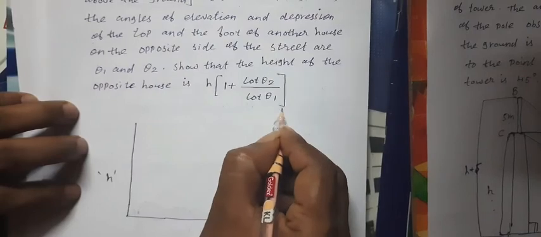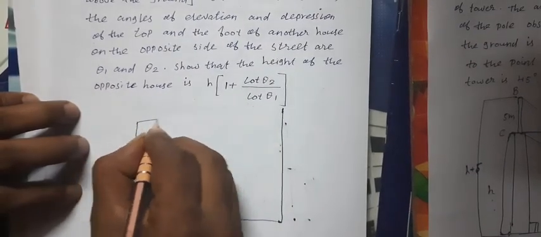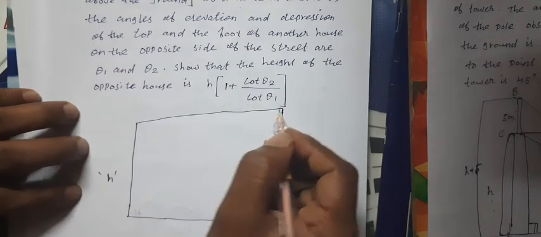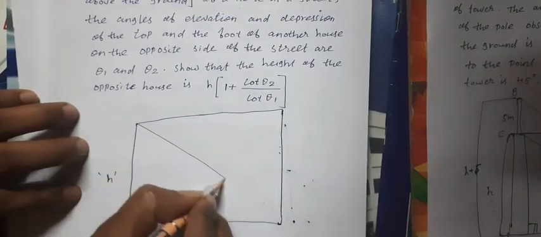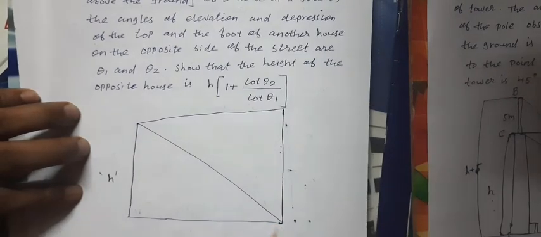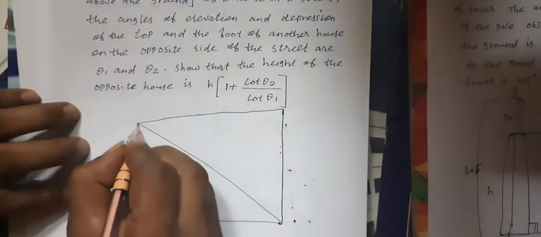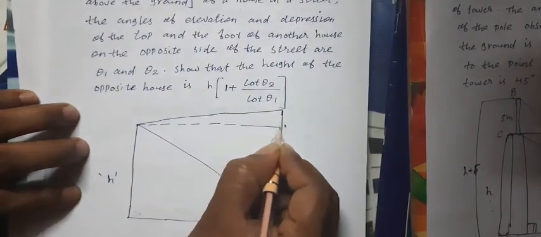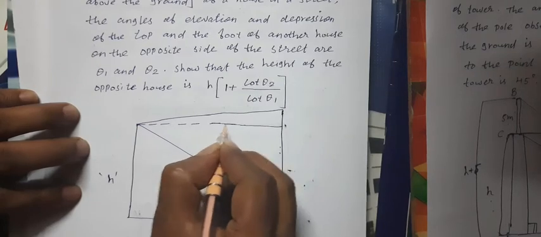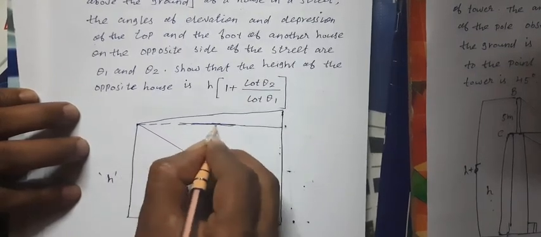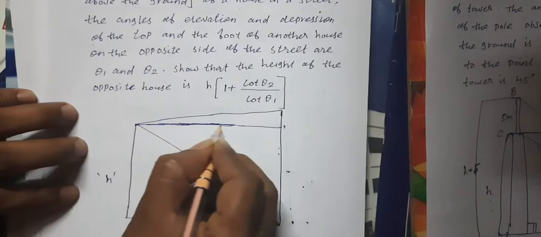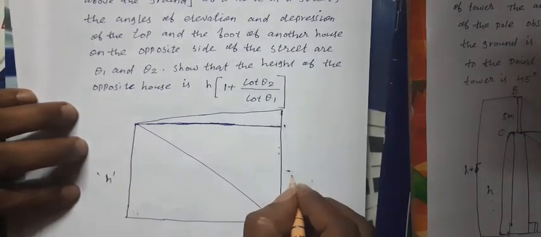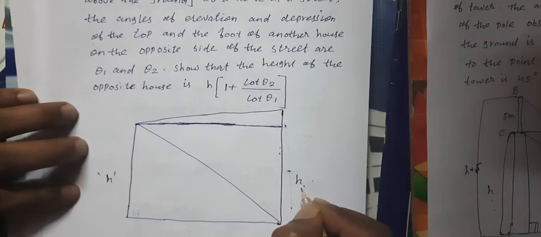First I take the top of the other house, and this is the foot of the other house. This line is the height of the window, so the window height is H. The same height I can take here.